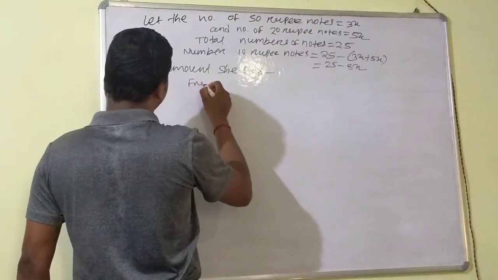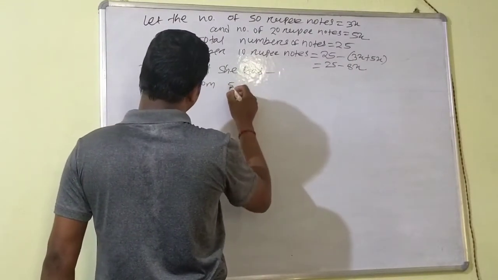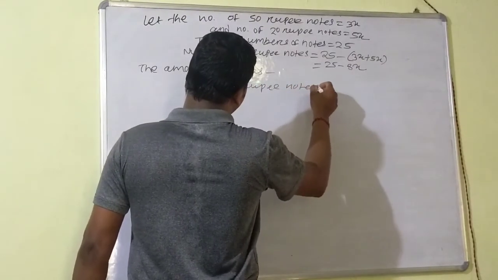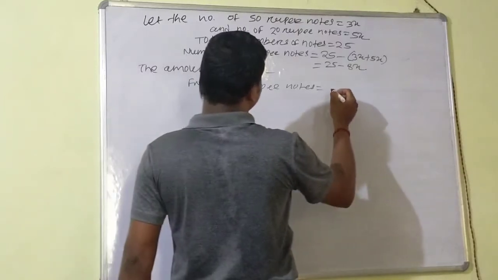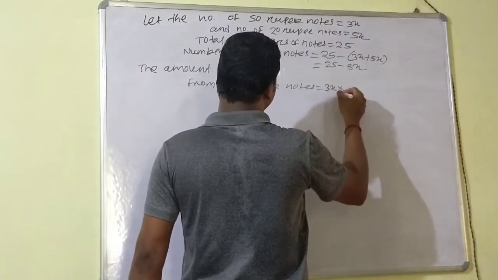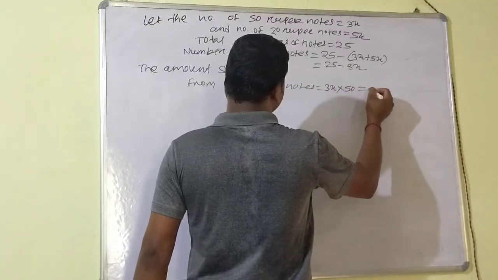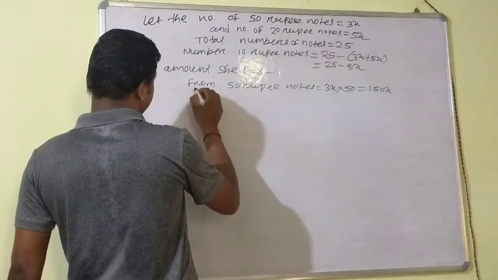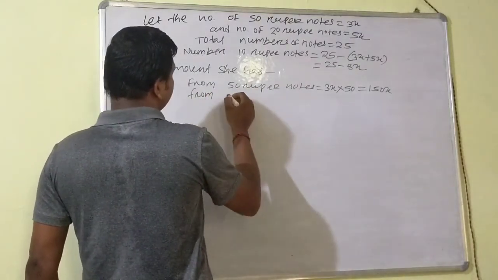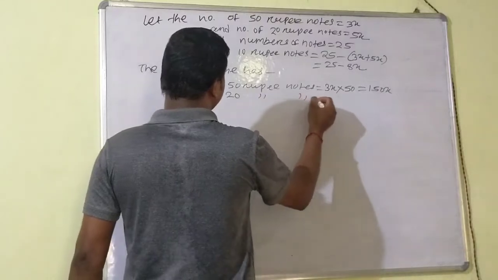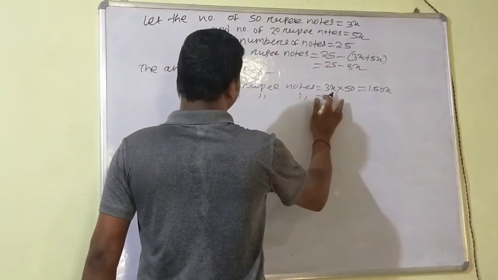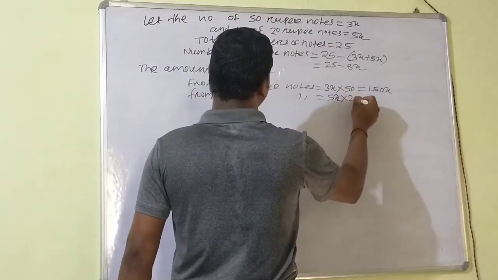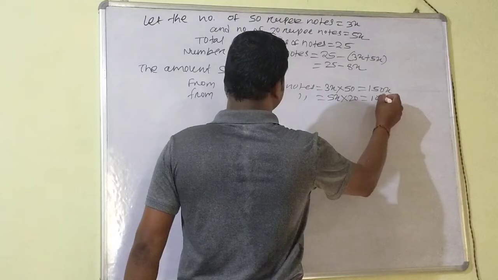From 50 rupee notes, it will be the number of notes, 3x, into the amount, 50. So 150x rupees. Similarly, from 20 rupee notes, the total is 5x, 5x into 20, that is 100x.